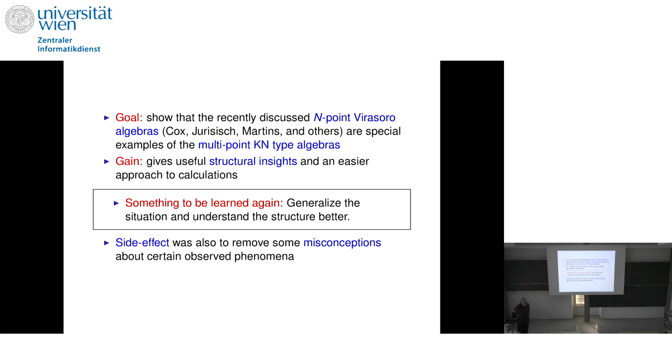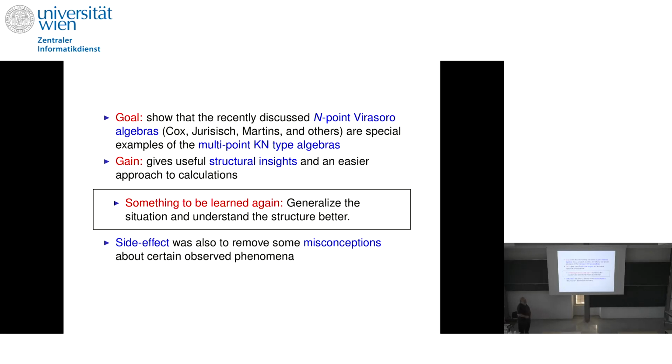Of course, you might ask, and this would be completely right, what do I gain if I see that these algebras are special cases of another, more complicated type of algebra? But the point is that by this process, one gets structural insights and an easier approach to calculations.